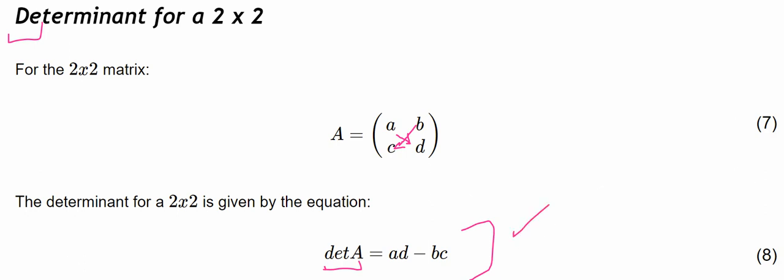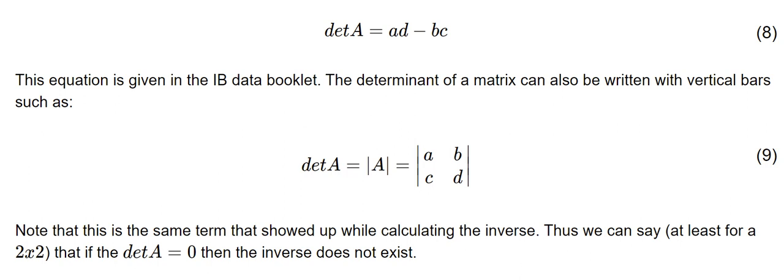This is given in the IBDP booklet, and the determinant can be written in another way as well. So, how? This is the vertical bars way the determinant can be written. For a matrix, we normally put bars which are a little curved at the top and the bottom, like brackets, I would say.